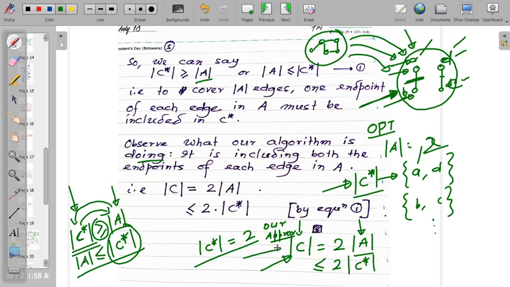So we have proved that our approximation algorithm returns at most 2 times the cardinality of C star. This is how we have proved that the vertex cover algorithm is a 2-approximation algorithm.